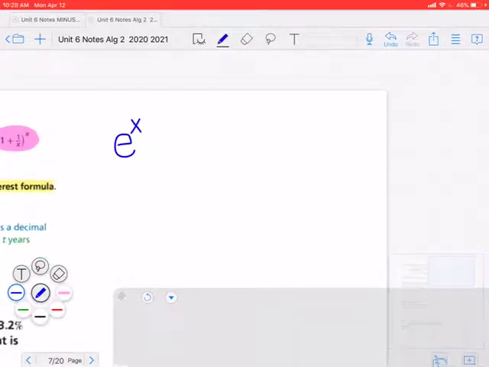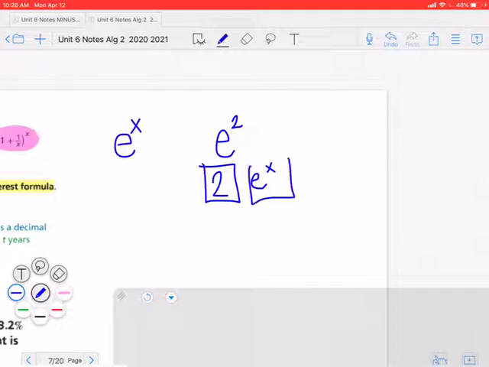Say I wanted to evaluate e to the power of 2. It's a little backwards. First I press 2 and then I press the e to the x button and out will pop my answer. It should say 7.389. So make sure you can get that.